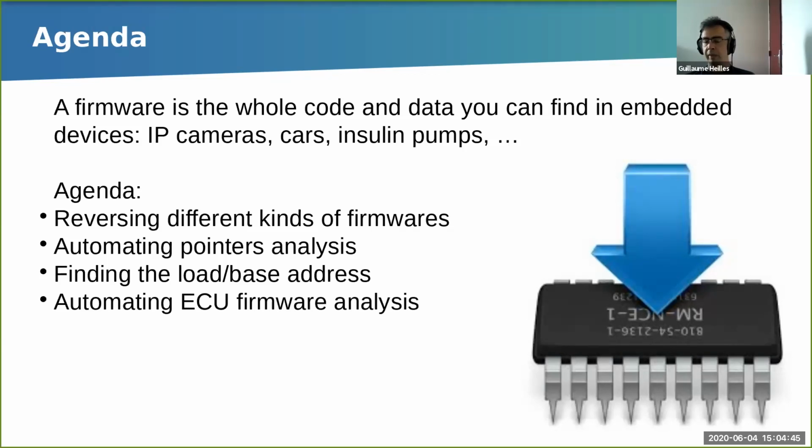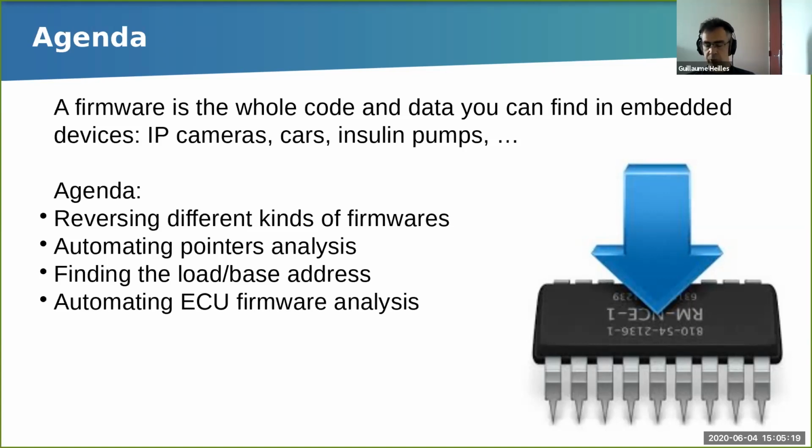The first and the main thing is to find the load address of a raw binary firmware. You can also find the base address, and you can find other little things like the endianness of the firmware, which is always good to know. And if you're lucky to work on a firmware coming from an ECU, I would like to share with you a way I used to start working on ECU firmwares.